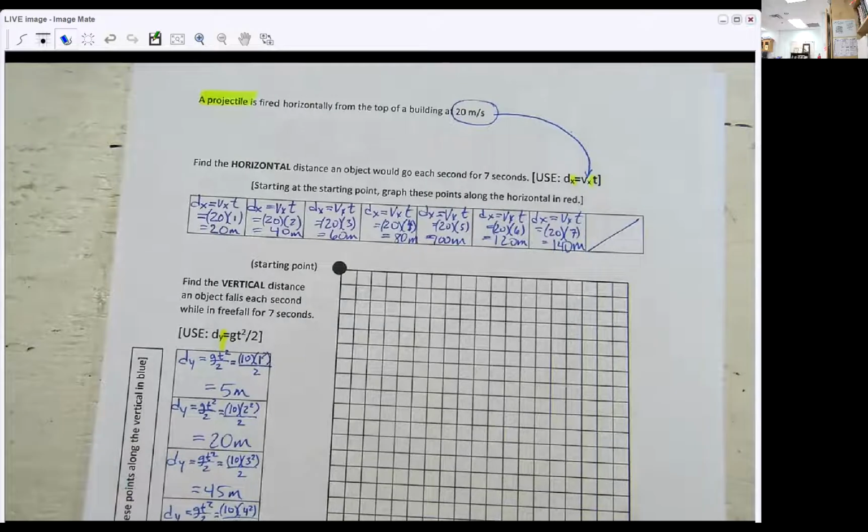Like I said, you can get orange or pink or something like that. It doesn't really matter.